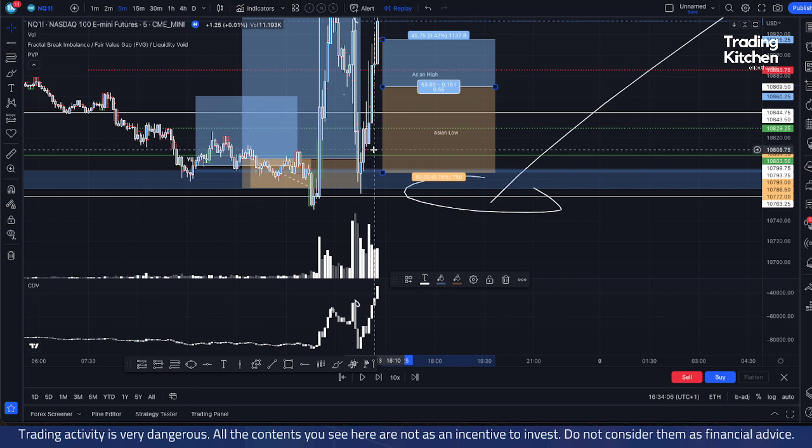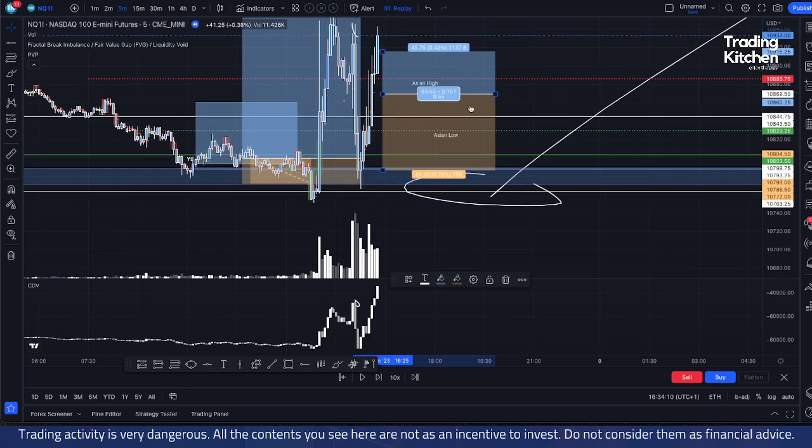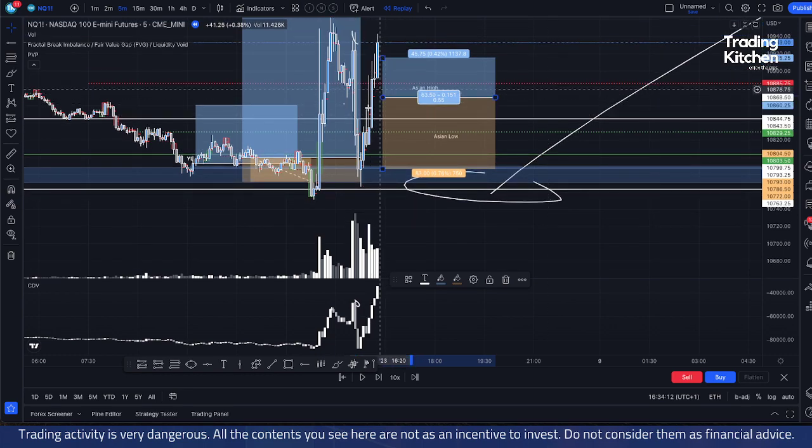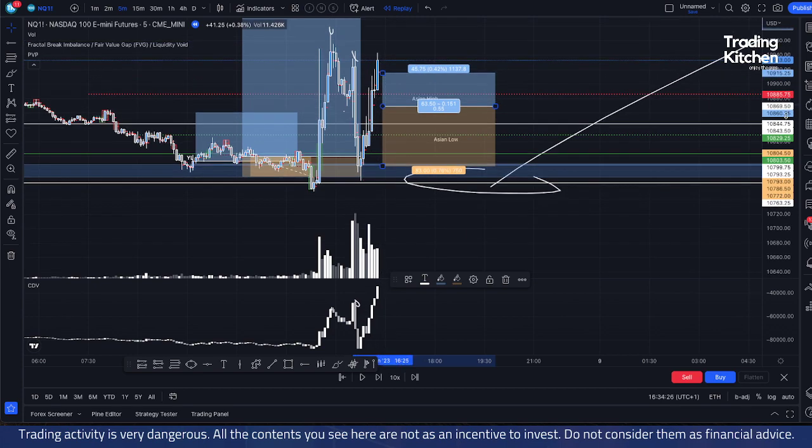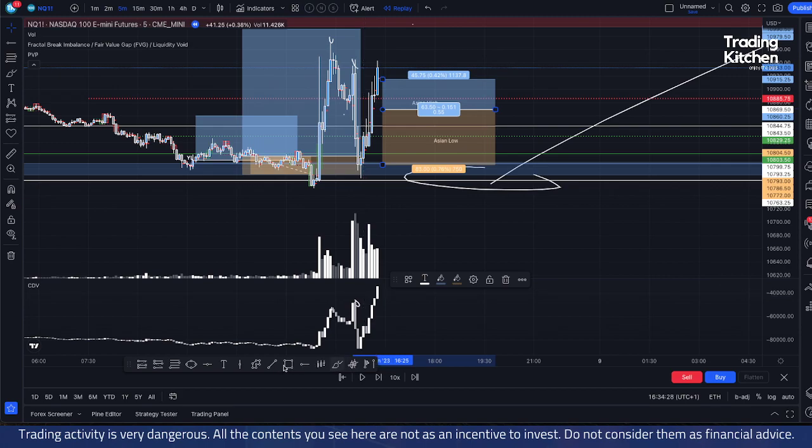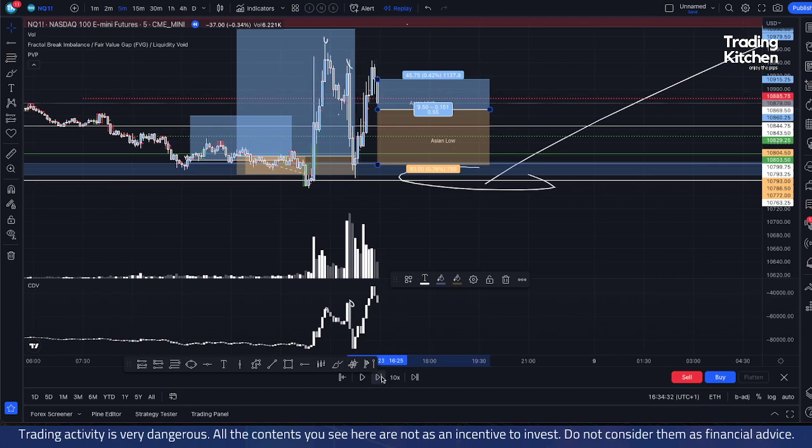Probably it is not tested, but to be honest, you can be pretty sure that if price retests the zone, it will probably react here, because we have so much volume here that is not tested yet. Okay, so let's see what happened.